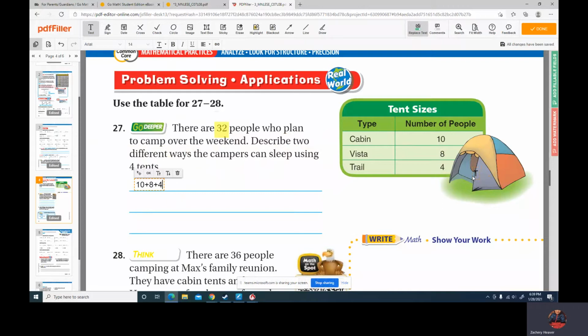But 32 people are going. So I have 22, and I need to get it to 32. So which one of these numbers can I add again to make 32? Well, it's simple. It's the cabin. The cabin adds 10. So if I add 10 to 22, I'm going to get 32. So it's going to be 2 cabins, 1 vista, 1 trail. There's one way.